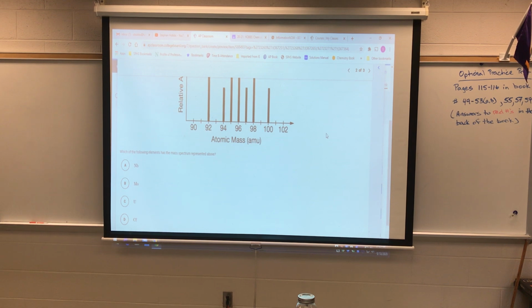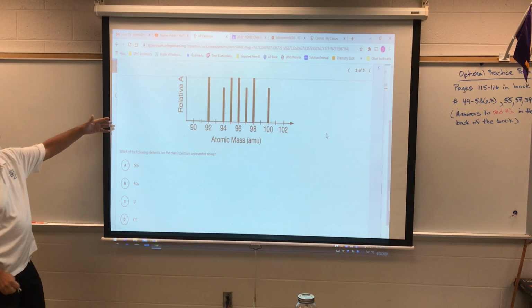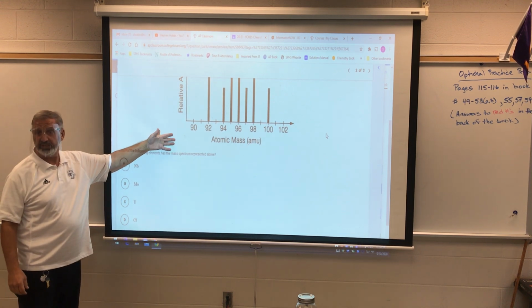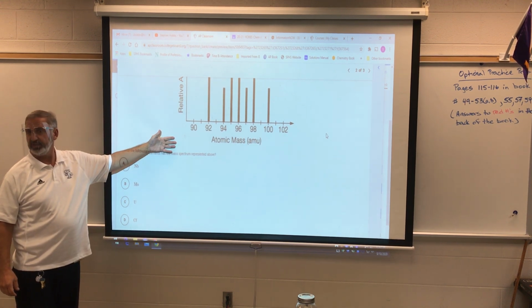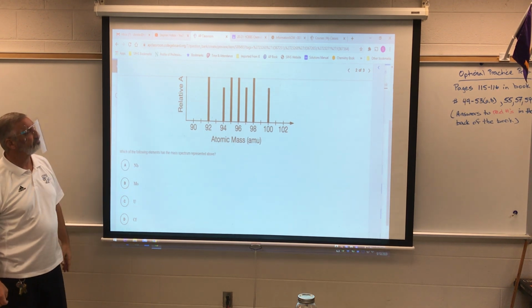So again, the last two wrong answers are trying to mess you up by using the atomic number rather than the atomic mass. Is everybody good with how to read the graph and what the graph's saying? These are AP Classroom questions, so these are AP-type multiple choice that you could see. One more.